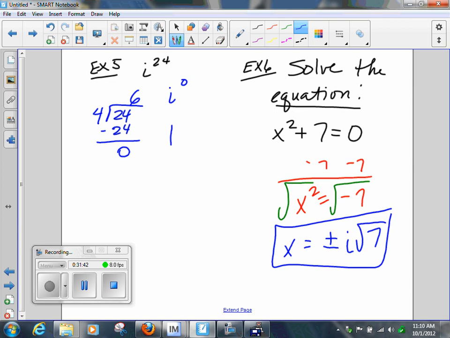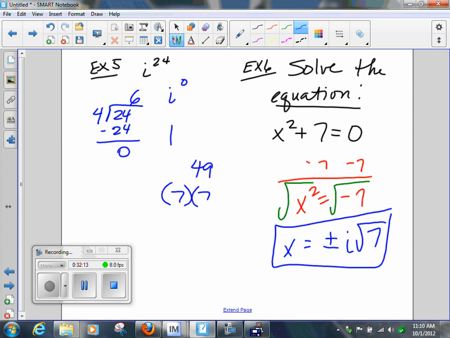If you had to do that on paper, that's the way you have to do that, okay? Yes? Because remember, think about it this way. 49 is a perfect square, right? Let's go backwards. Let's start here. What are the 2 numbers that I can multiply by themselves that will give me 49?